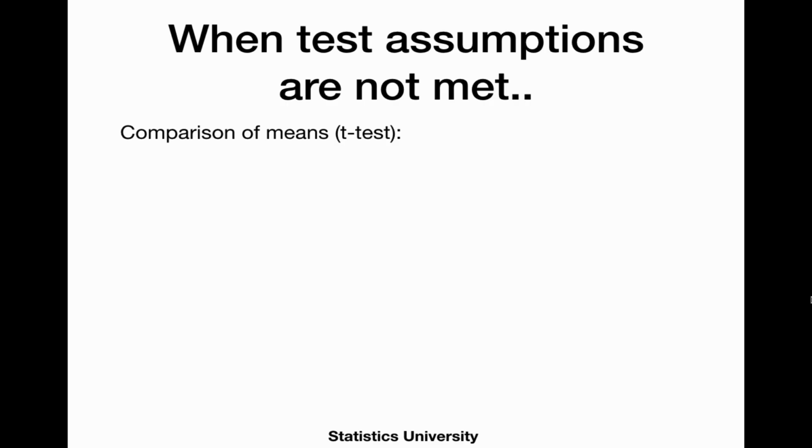What do we actually do when some of our test assumptions are not met? For example, when comparing means and the groups are not independent. Well, if they're paired, then we use a paired t-test.